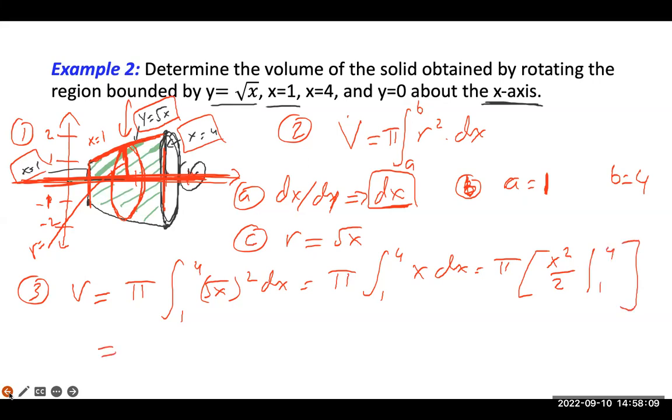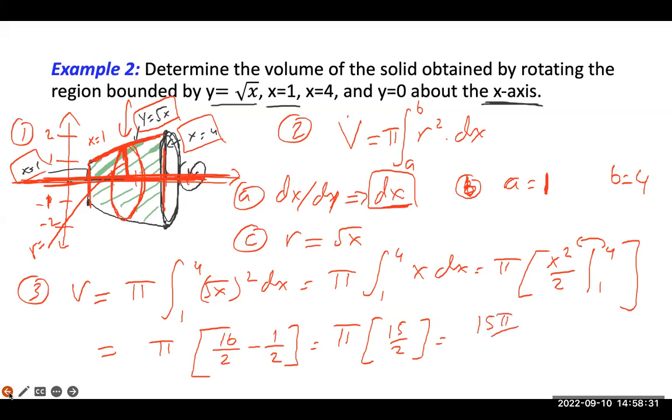I just leave pi on the outside; I don't do anything with it until the end. Plug in the 4 first. That gives me 16 over 2 minus 1 over 2, and that will give me pi times 15 over 2. So 15 pi over 2 is my volume. That's what we were looking for.